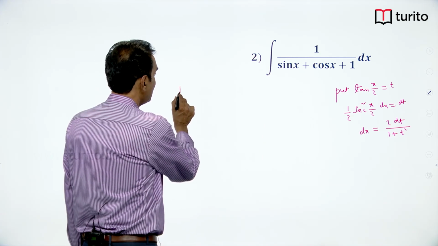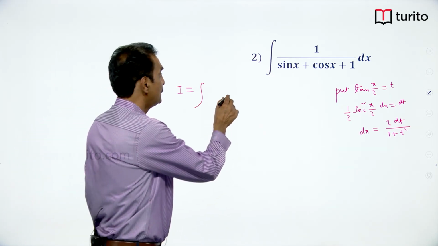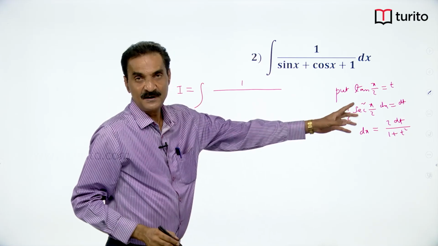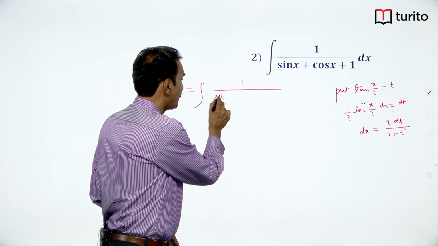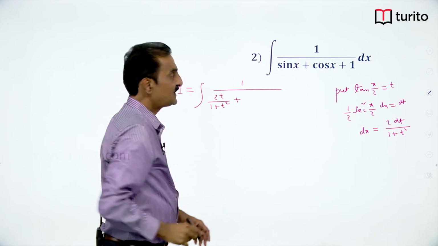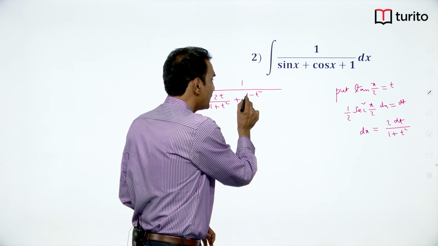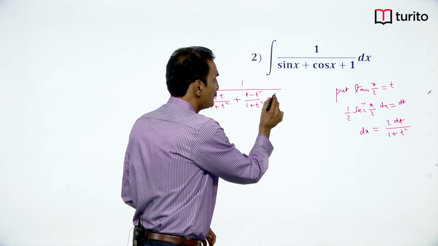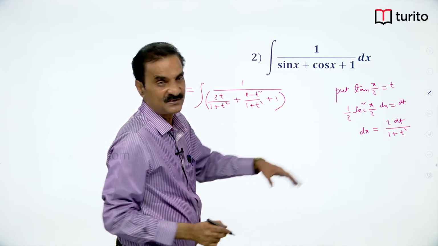Now the given integral is I is equal to 1 by, what is sin x in terms of t? 2t by 1 plus t square, plus cos x, 1 minus t square by 1 plus t square, plus 1 into dx, 2 dt by 1 plus t square.